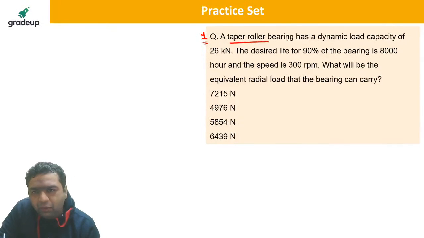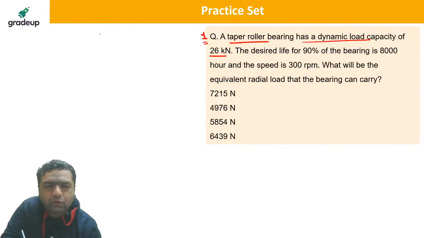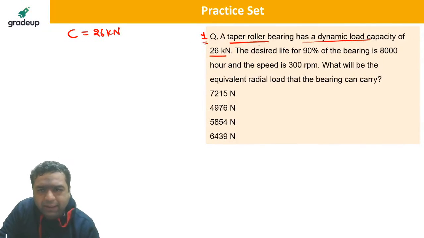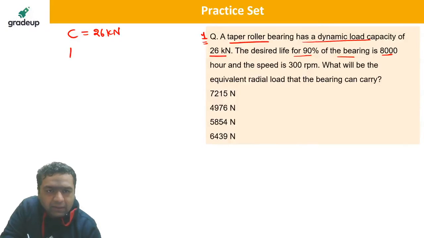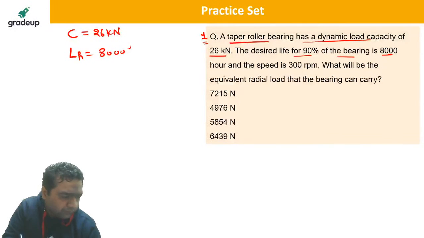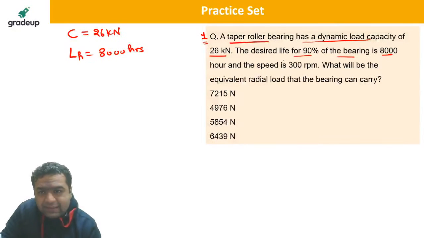A taper roller bearing has a dynamic load carrying capacity of 26 kilonewton. You know it is also known as catalog rating. The desired life for 90% of the bearings is 8000 hours. Life is given to you in hours, and 300 rpm is also given.